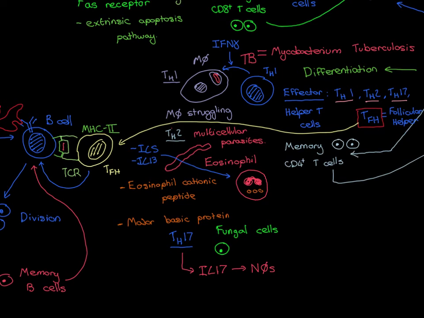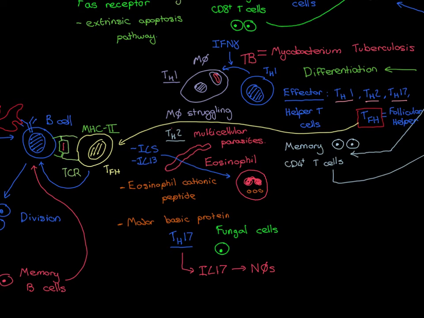Then when they find macrophages that have on their surface peptide fragments of antigens of the multicellular parasite bound to MHC class 2 that the T helper 2 cells are directed against, the T helper 2 cells realize they've come to the right space, and then they say, okay, we'll call for eosinophils. So they release interleukin-5 and interleukin-30, and the eosinophils then come into the site of inflammation.